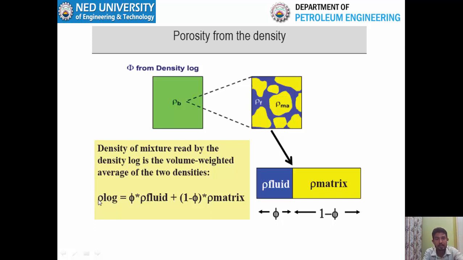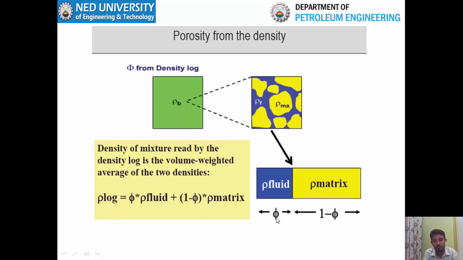So the bulk density, or log density, or you can call it the average density of the rock, is porosity times the density of the fluid plus 1 minus porosity times the density of the matrix. Because the system has two components: one is the pores, which are occupied by the fluid with a density of density fluid, and the second is the solid, which is called the matrix, and it occupies 1 minus porosity.